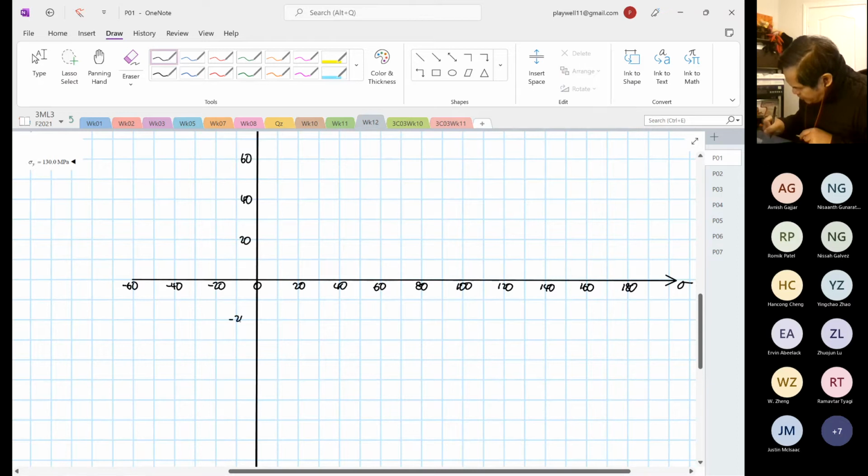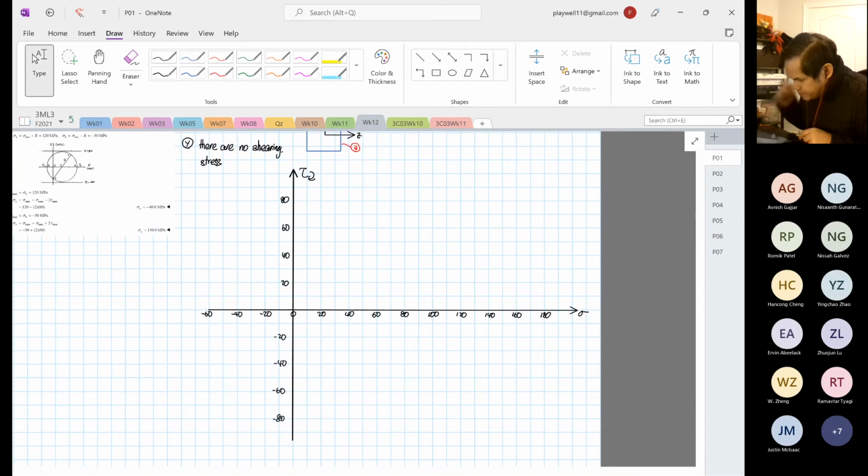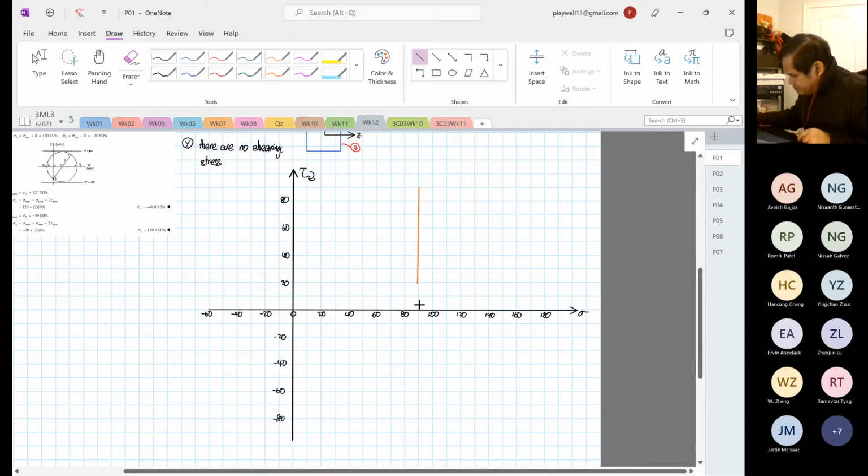So minus 20, minus 40, minus 60, minus 80. Okay, so this is what we have. And what we know is that we have our normal stress of 90.